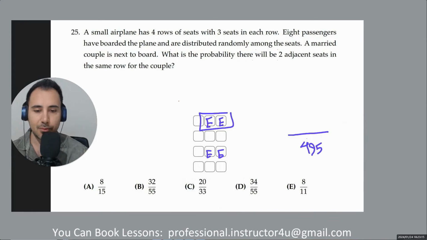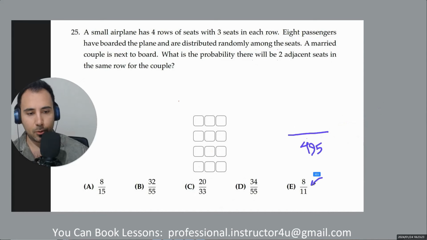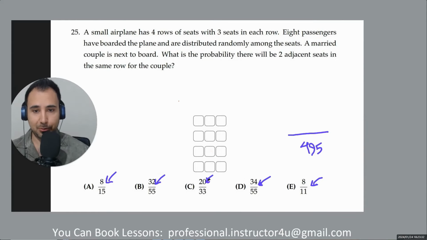Okay. So one way to do this, probably the easiest way, is going to be like this. You see now, all of these are more than 50%. So that means actually it's quite possible for the couple to be able to sit.